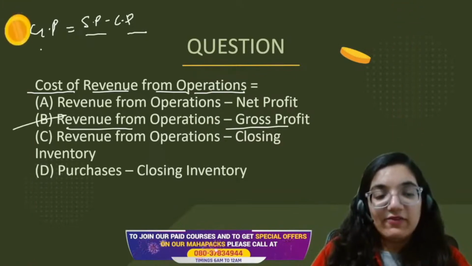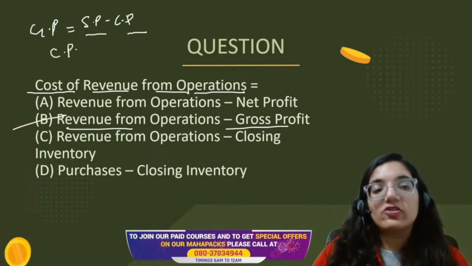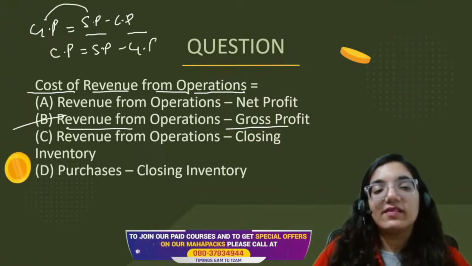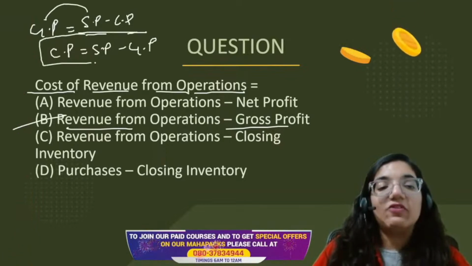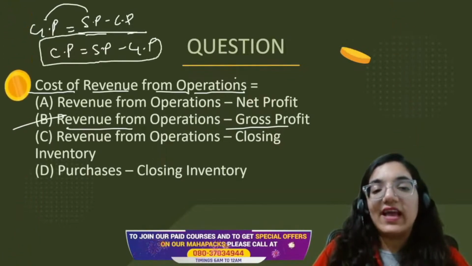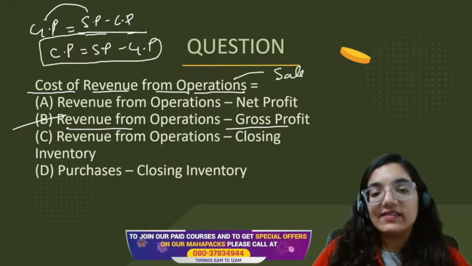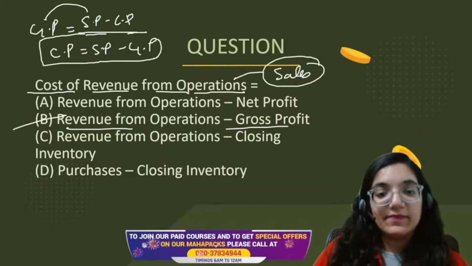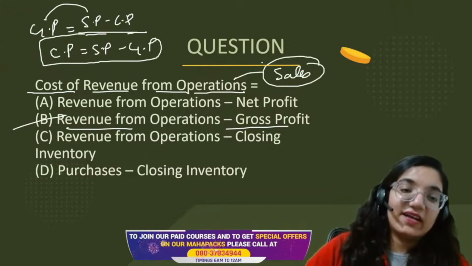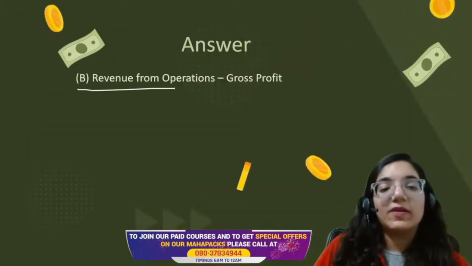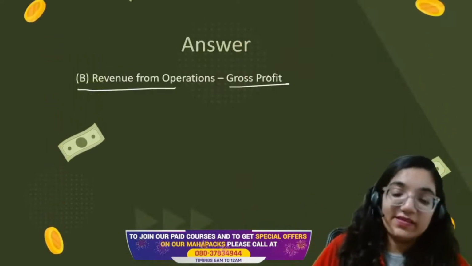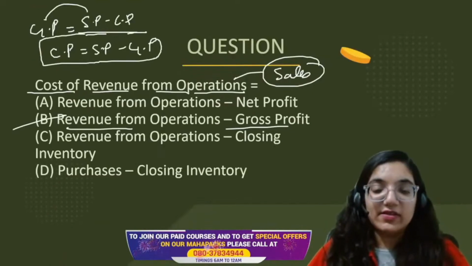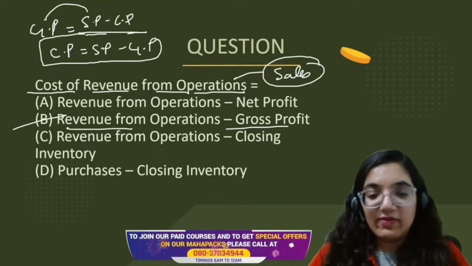If you want to find the cost price, it is SP minus GP. So here revenue from operations is specified as sales. This is the net sales of the organization, everyone. Okay? So in this case, the correct answer would be revenue from operations minus GP. I hope you have got the answer, everyone. Please check it out. And this is it for the day, everyone.